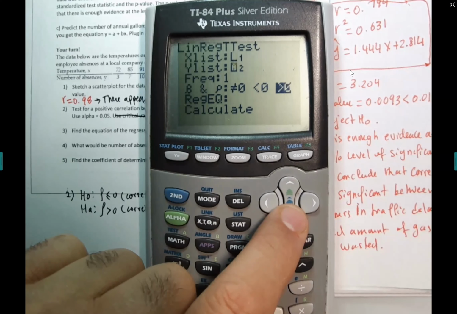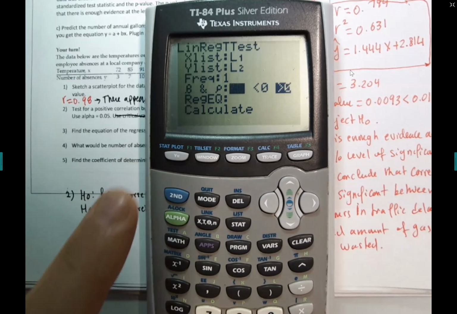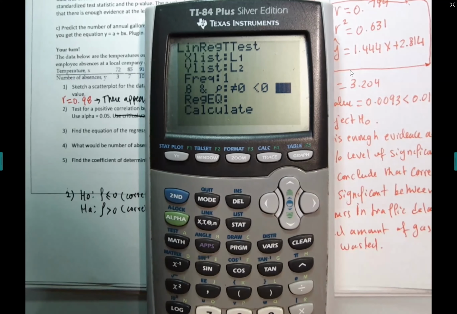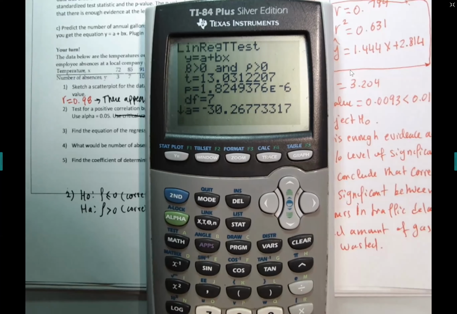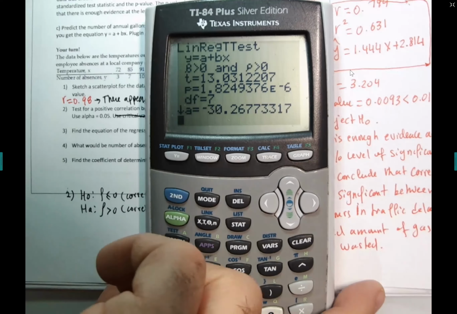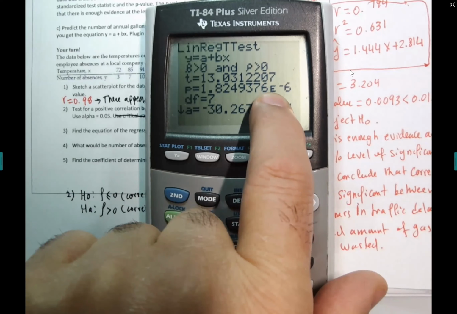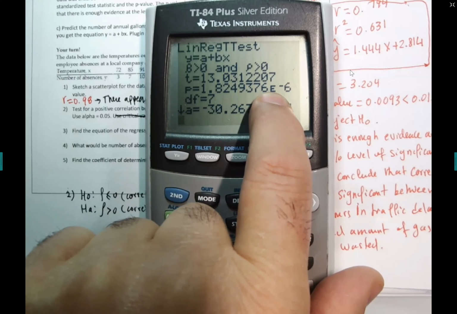L1, L2. Don't forget, guys, you need to change this before you hit calculate. I'm testing for positive, so I need to select the third one and calculate. Okay, T is 13.031. And look at the p-value, E minus 6. Don't ignore the E minus 6, please. It means it's almost 0.